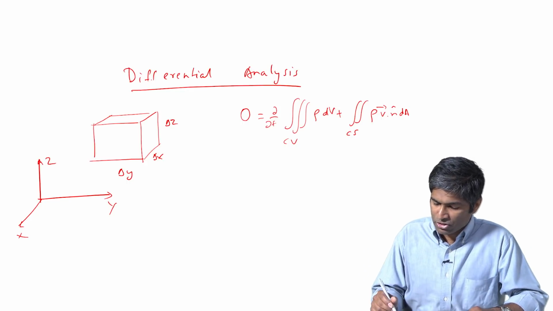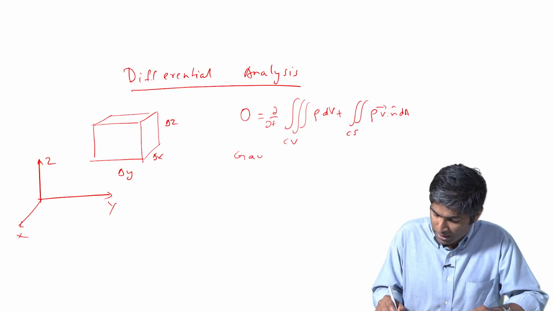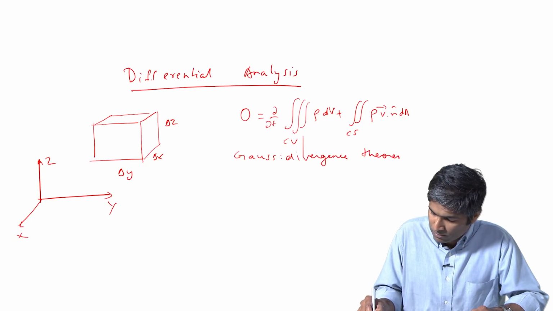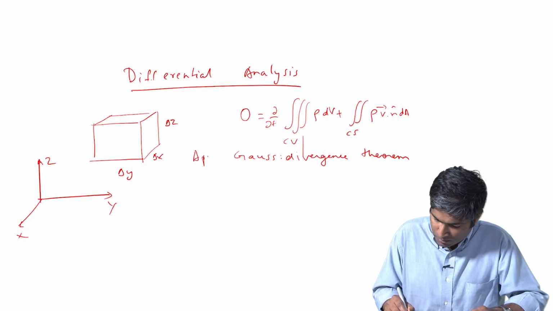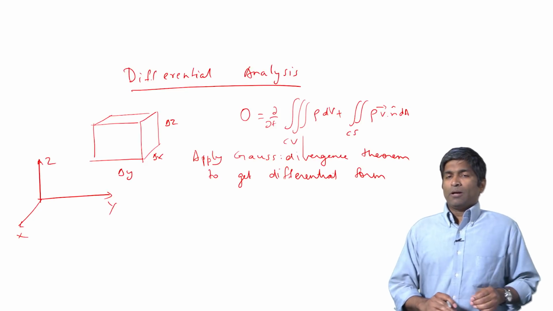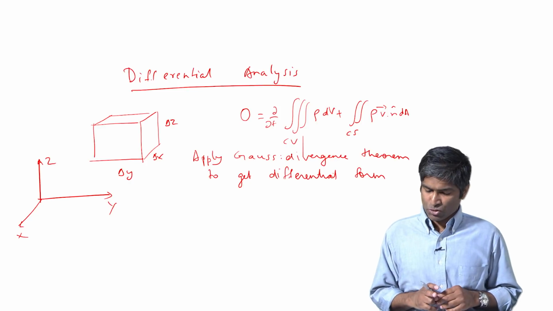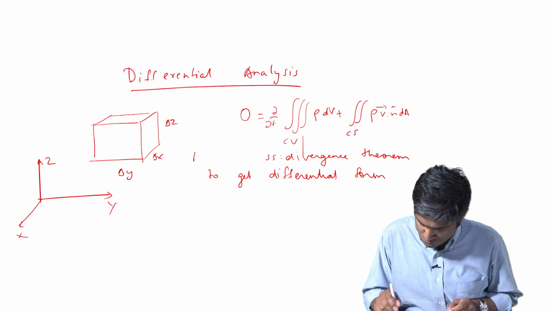So we'll derive the resulting equation in a different way, but I'll just make a note: Gauss divergence theorem. But we want to do it a different way, so I'll just erase this to create some space.